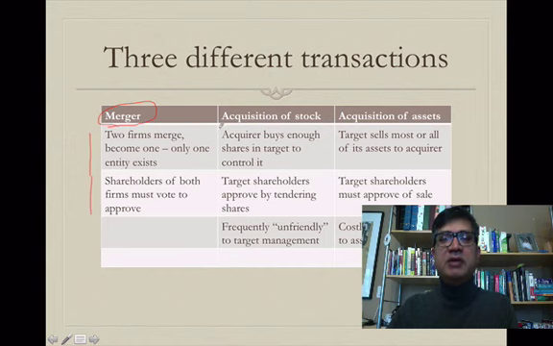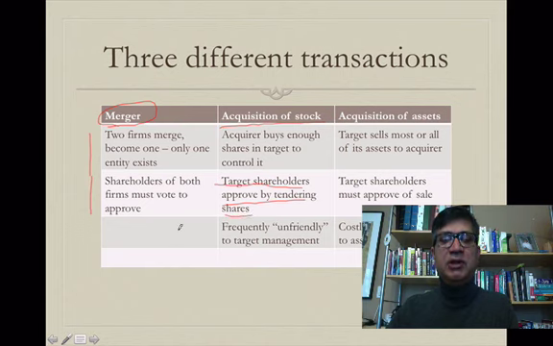The second type of transaction is acquisition of stock. When the acquirer buys sufficient shares in the target to control it, then that's an acquisition of stock. The target shareholders don't necessarily vote to approve. They approve merely by tendering or choosing not to tender their shares.